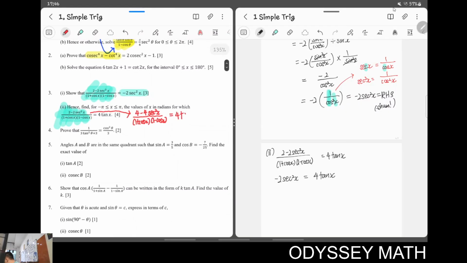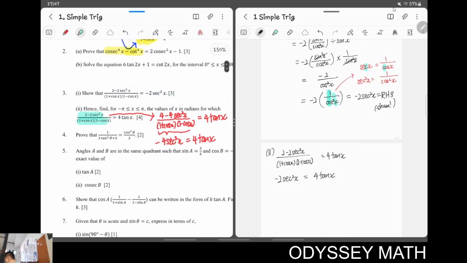If they ask you to solve this, then first you must recognize that this is equal to minus 4 secant square x. Do you all understand where it is coming from? No? Okay. Sometimes they might not be so nice to give you the exact same trigo expression.